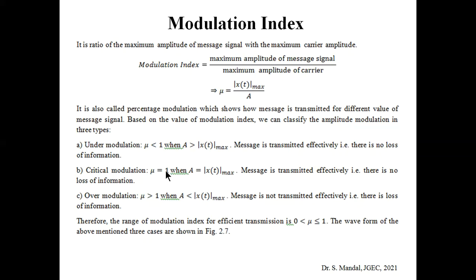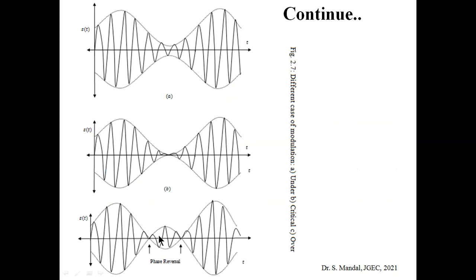Over modulation is not a desirable modulation case, where the amplitude of the carrier is less than the maximum amplitude of the modulating signal. That is, if A is less than xt max, that means mu is greater than 1. When mu is greater than 1, that is called over modulation. In that case, what will happen?